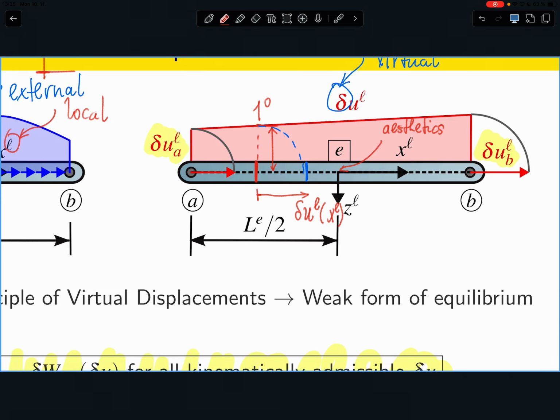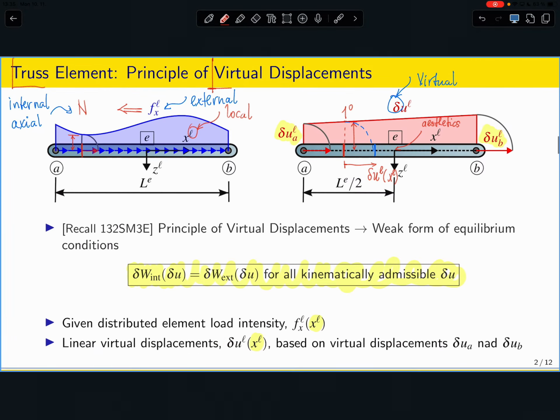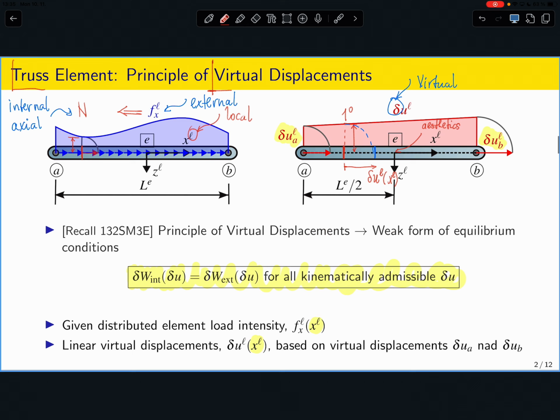I will say that my local system will be done in a way that its origin is in the middle of the block, but this is just to make the arguments nicer. Of course, the results are independent of the choice of coordinate system, so if I just move it as a rigid body, the results will be the same. But just for aesthetics, this is what I have.